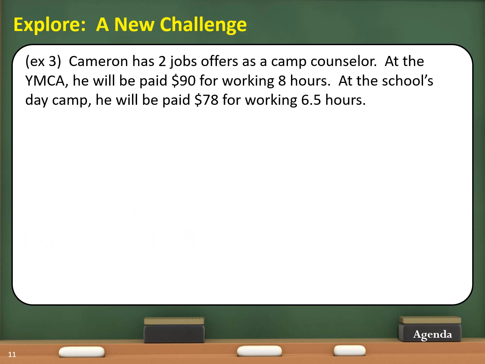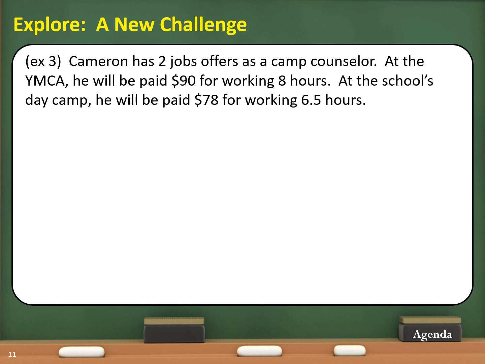Then Cameron has two job offers as a camp counselor. At the YMCA, he will be paid $90 for working 8 hours. At the school's day camp, he'll be paid $78 for working 6.5 hours. Now, which one does he have to select?